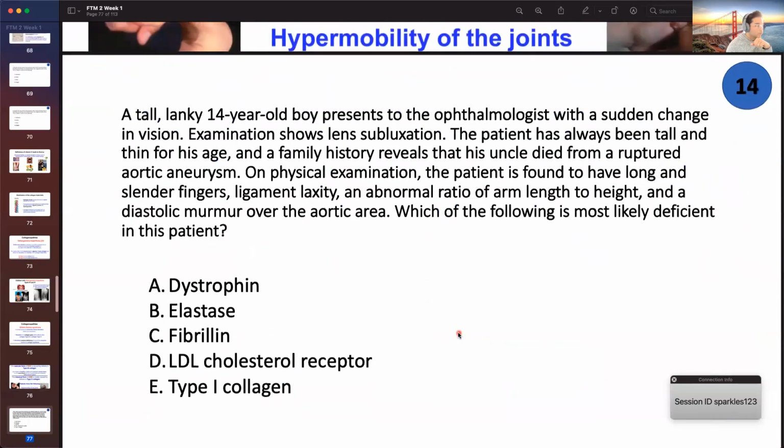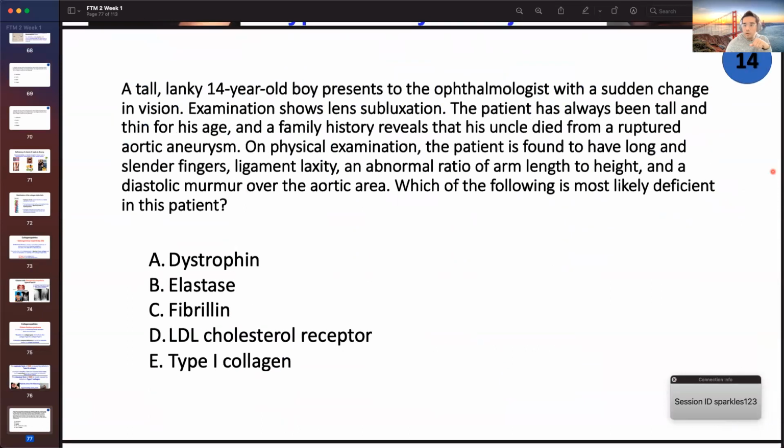Okay. Let's do this one. You guys are doing so well. Some of these concepts are tough, and you really have to sit with them and brush up on FTM1 stuff. But you guys are doing great. You're tying it all together.